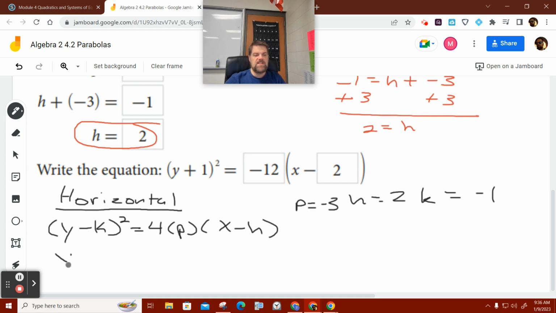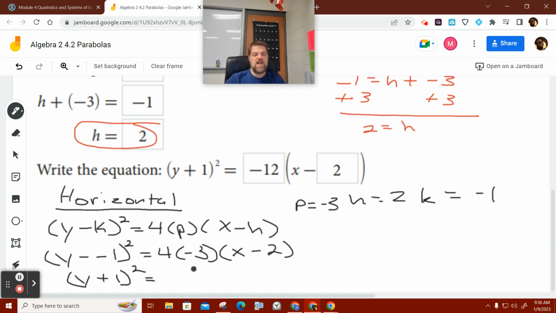So then I'm going to say y minus k, which is -1, squared, is equal to 4 times p, which is -3, times x minus h, which is just 2. So then this becomes y plus 1 squared is equal to 4 times -3, which is -12, times x minus 2. And we just leave it that way.